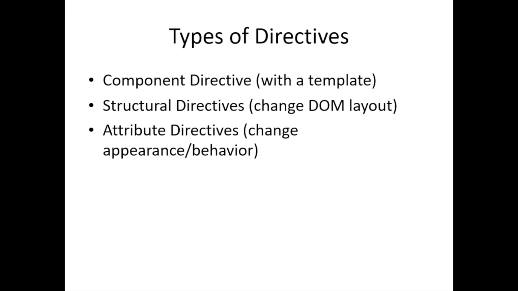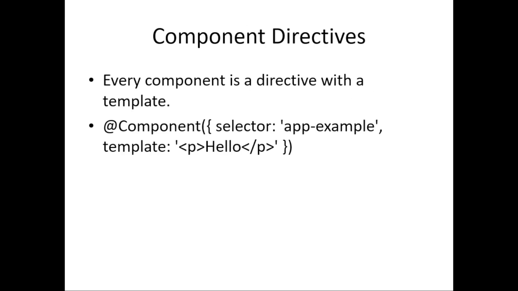The second one is structural directives, which change the DOM layout, as I said earlier. The third one is attribute directives, which change the appearance or behavior, such as the colors of elements. I will tell you in detail so you understand clearly.